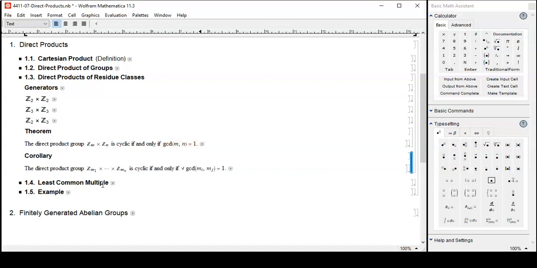Applying this repeatedly, the direct product group of these n residue classes is cyclic if and only if each pair is relatively prime. The proof will be discussed in a separate video. We don't have time now.